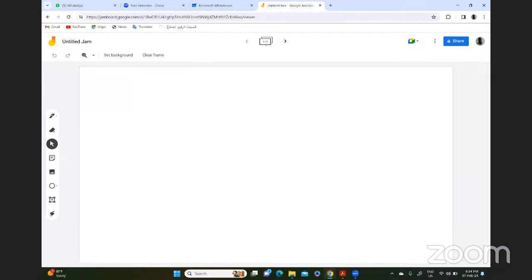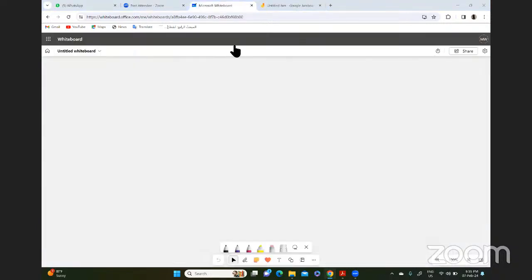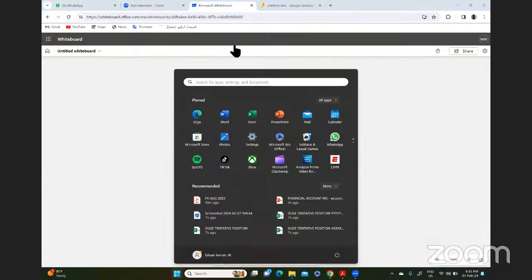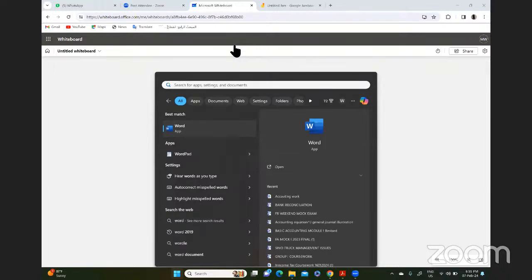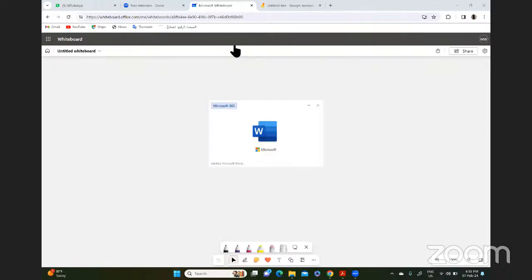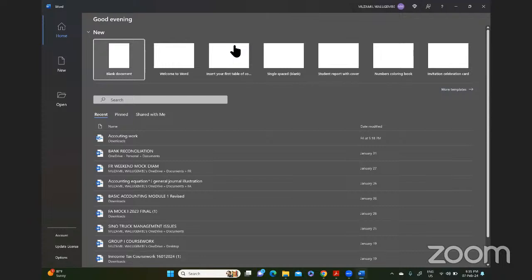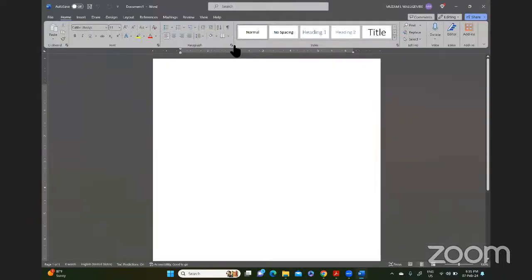I'm going to use this Jamboard for purposes of our workings. It won't be as effective as my Microsoft whiteboard. But regardless, we shall move, no problem. Or I may choose to actually do what? Okay.